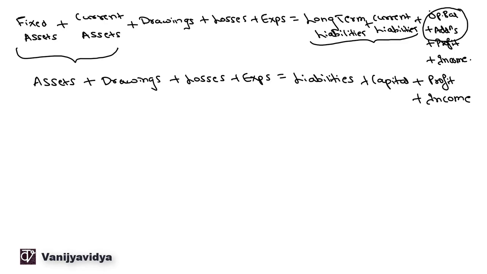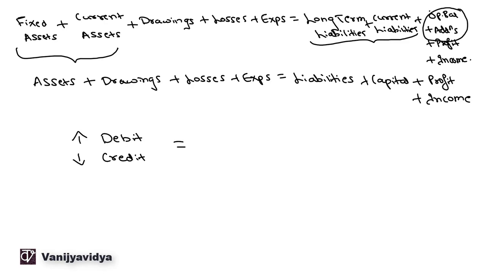So now to summarize and to understand the debit credit concept, now assets, drawings, losses and expenses. Whenever there is an increase in asset, drawings, losses and expenses, we have to debit. And whenever there is a decrease, we have to credit. Now for liabilities, it's opposite. That is liabilities, capital, profit and income.